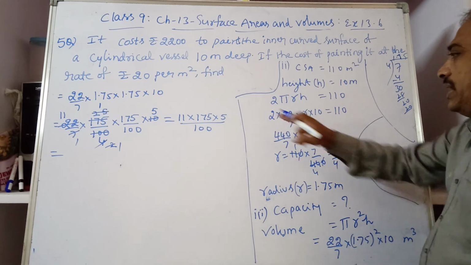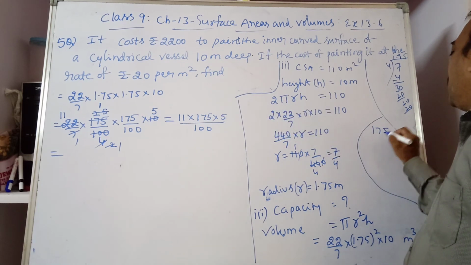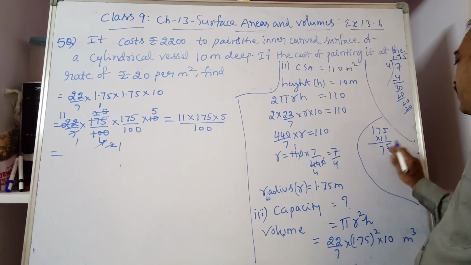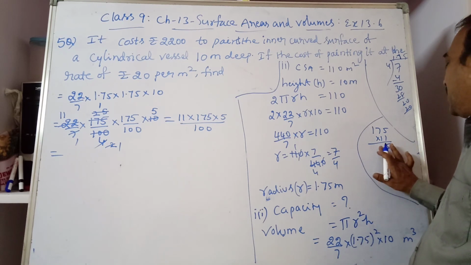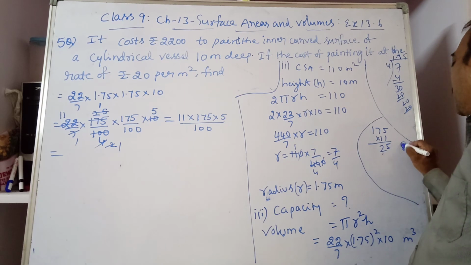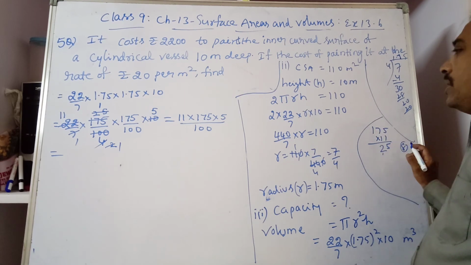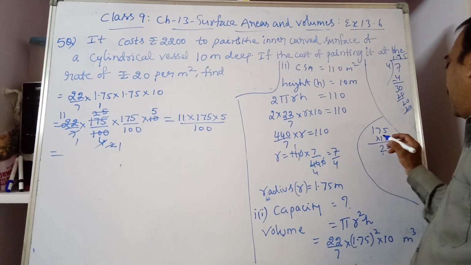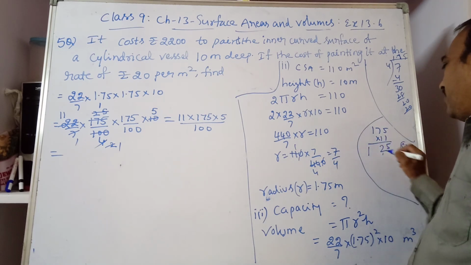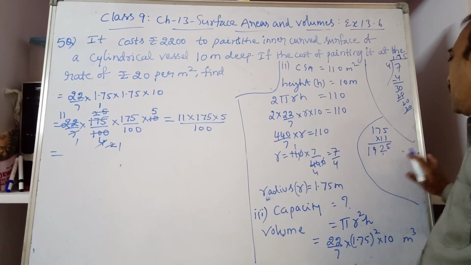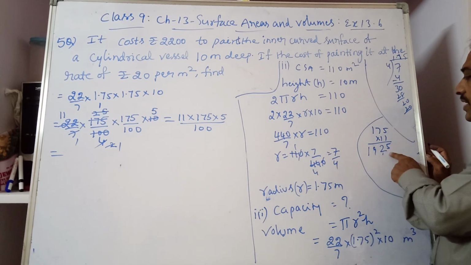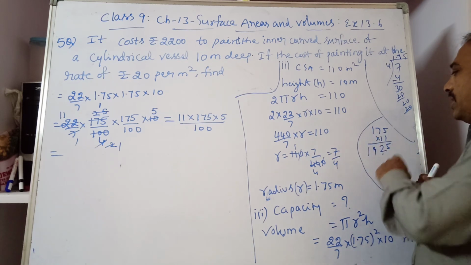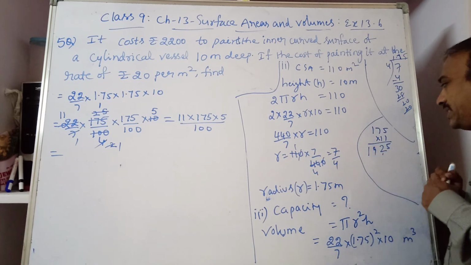175 into 11: 11 fives are 55, 11 sevens are 77 plus 5 is 82, 8 remains, 11 ones are 11 plus 8, 19.